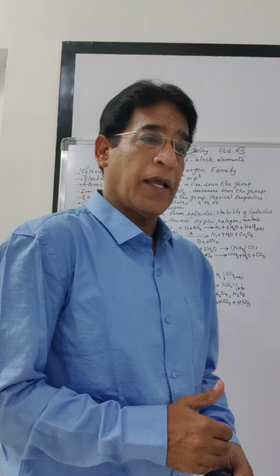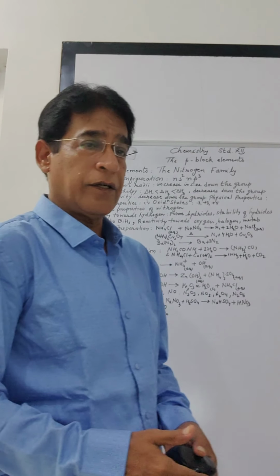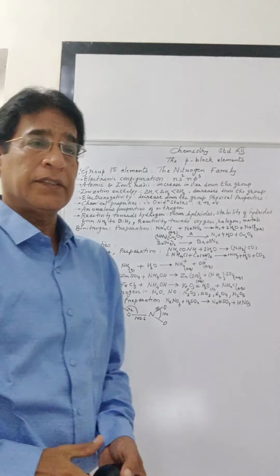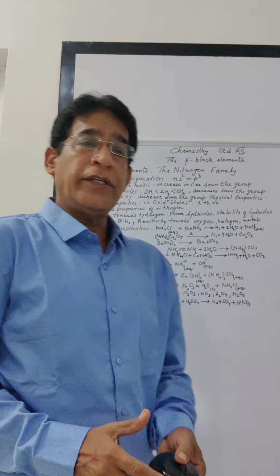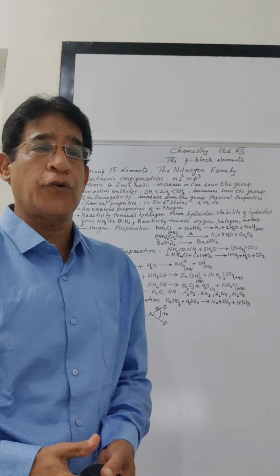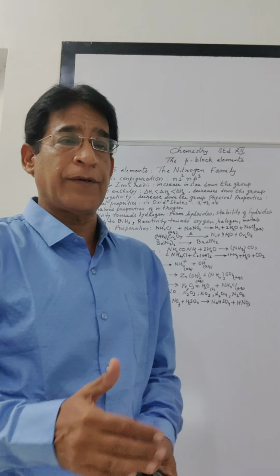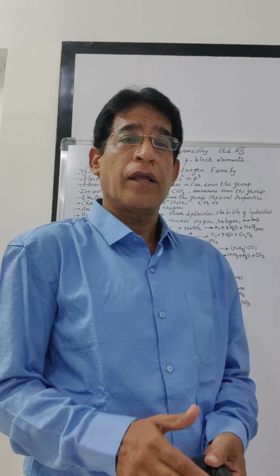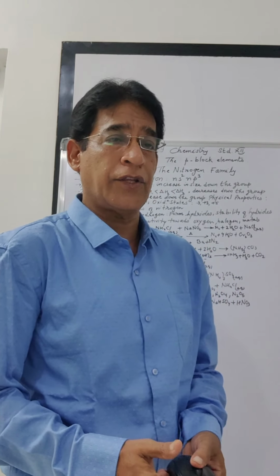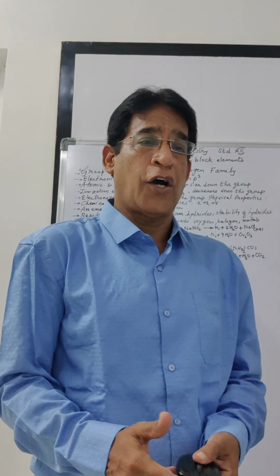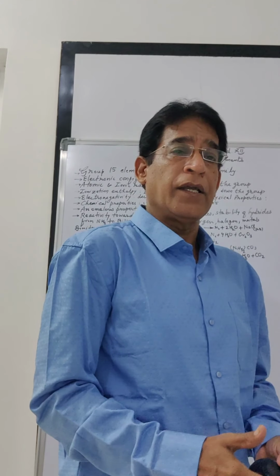Now, anomalous properties of nitrogen. Nitrogen differs from the rest of the members of this group due to its smaller size, high electronegativity, high ionization enthalpy, and non-availability of d orbitals.